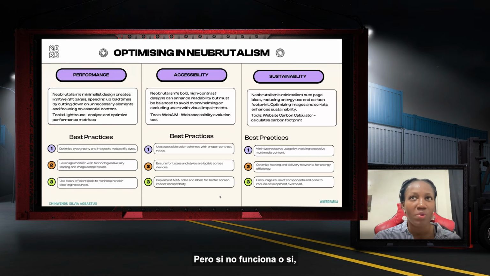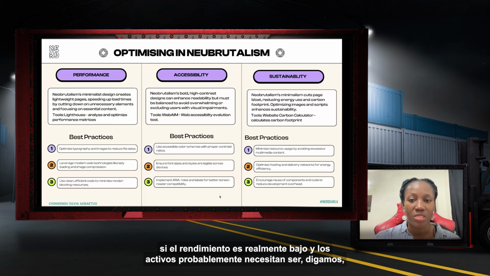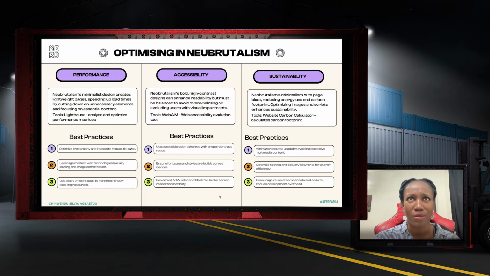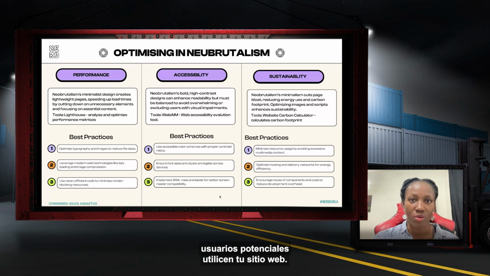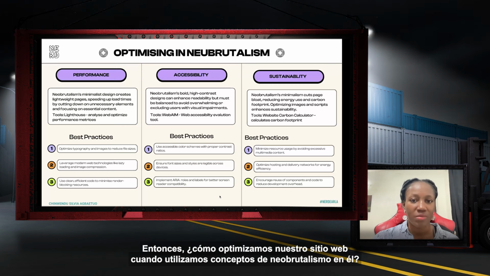But if the performance is really low and assets need to be downloaded up to like 1 GB, it's not efficient and it might discourage potential users from using your website. So how do we optimize our websites when we're using neobrutalism concepts?